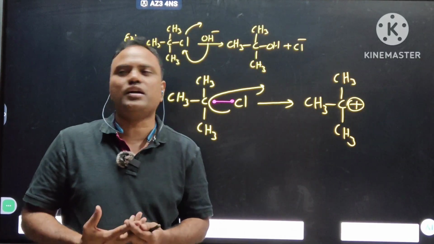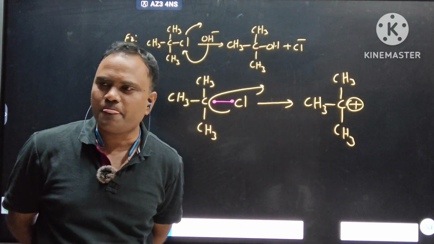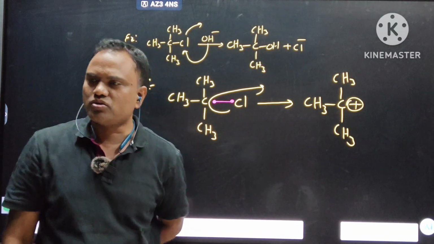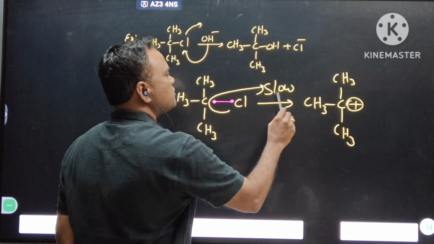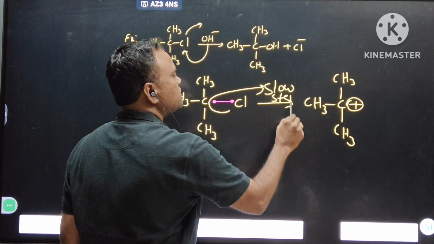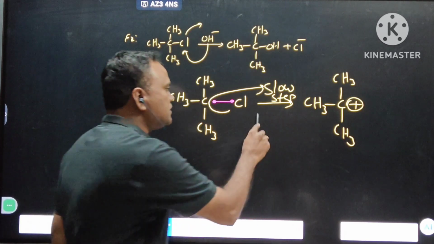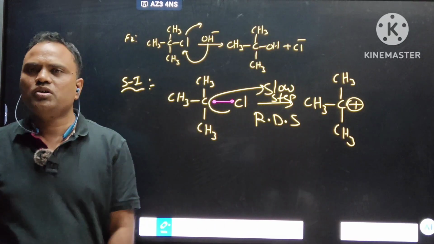Forceful in the sense, it is not liking to lose its electron. So it is a slow process or fast process? Tell me. Bond breaking is a slow process always. So it is a slow step. Very, very important. Step 1 in the SN1 reaction is the slow step, and this is called the rate determining step, RDS. Slow step.